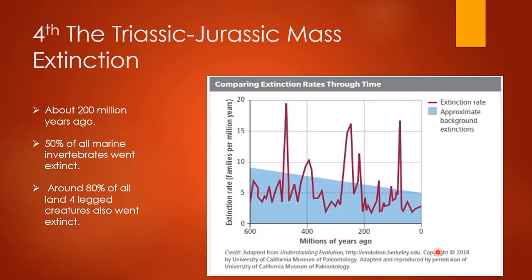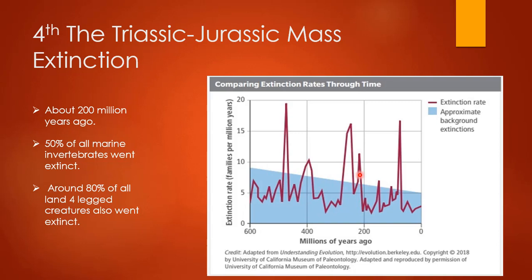So now we're down to our fourth extinction, and you can see that right here. Just so you realize, after the third massive extinction, major time went by, about 50 million years. In 50 million years, all the niches that were opened up from this extinction were filled by the creatures that were left.